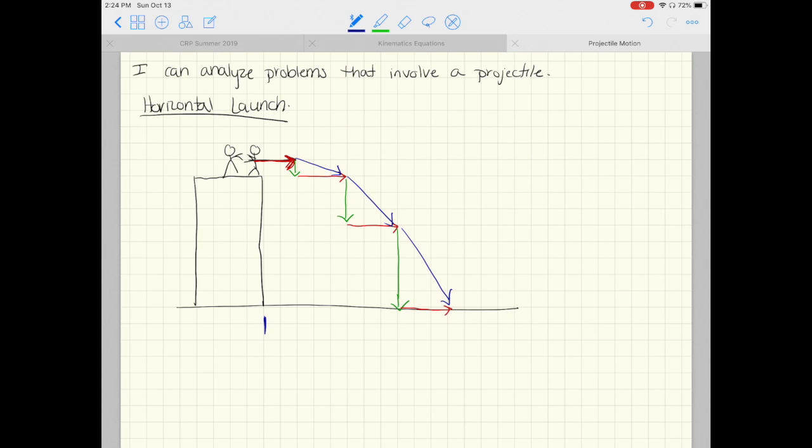The distance from where he starts to where he lands. This distance is called delta x. This is sometimes called my range, how far he goes. This distance is his vertical change in height, and we'll call this delta y.